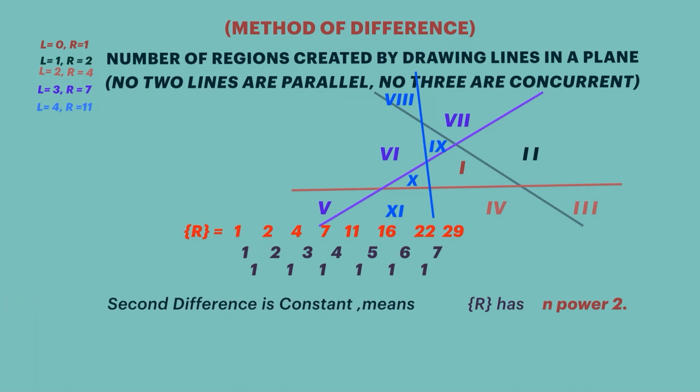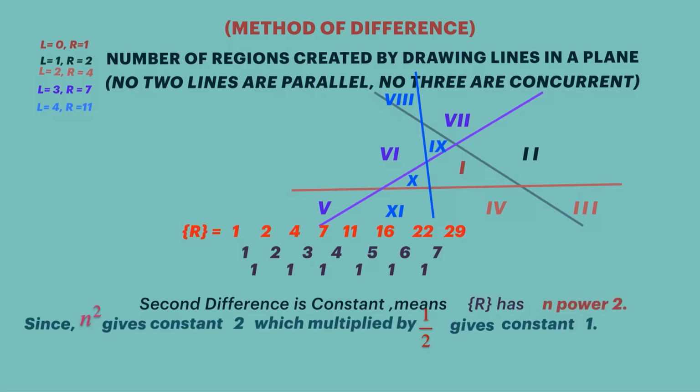So we may write that the sequence R has n square, and what will be the coefficient? To find the coefficient, you have to consider the value of the constant second difference. Here the value is 1. We know the sequence n square has a second difference of 2, but here the value comes 1, that is 2 multiplied by half gives 1.